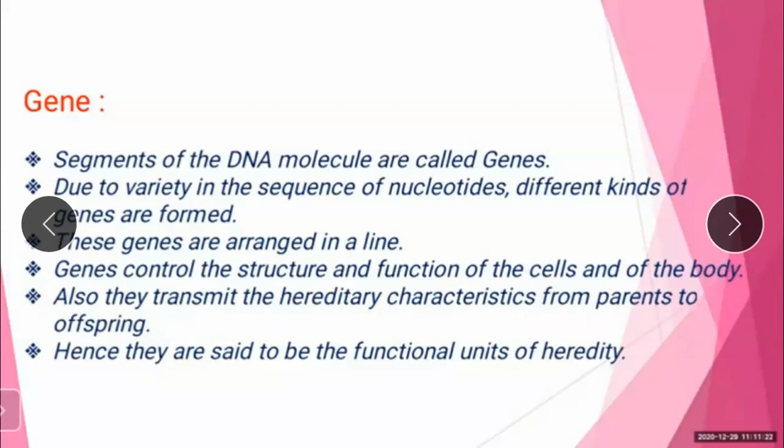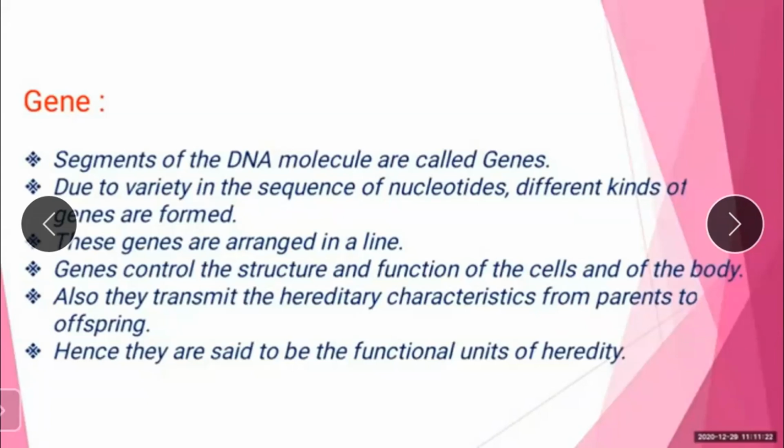To transmit the hereditary characteristics from the parents to the offspring, and hence they are said to be the functional units of heredity. That is why many similarities are seen between parents and their offspring. So the information about photosynthesis is stored in the genes only.